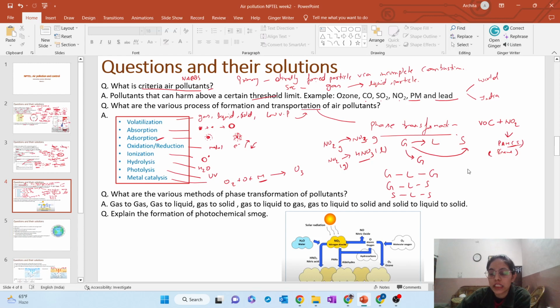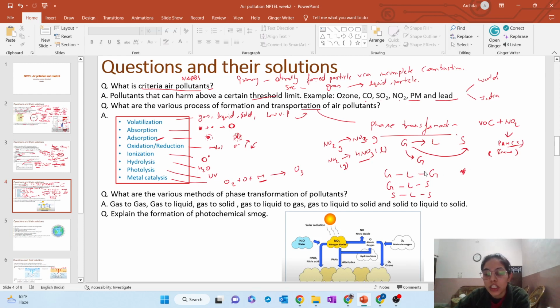Then an example of gas to liquid to gas. Okay, so this gas can become liquid. How does it become liquid?